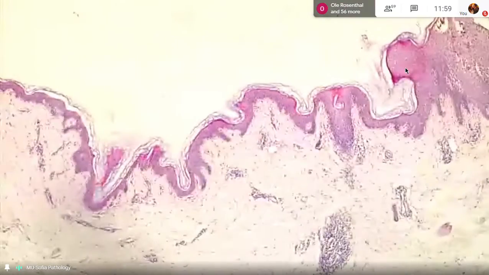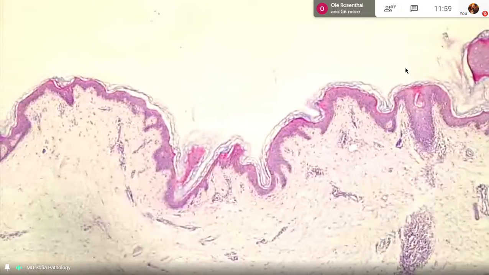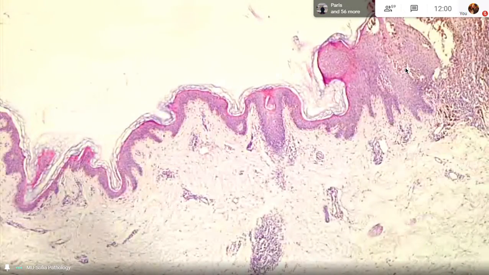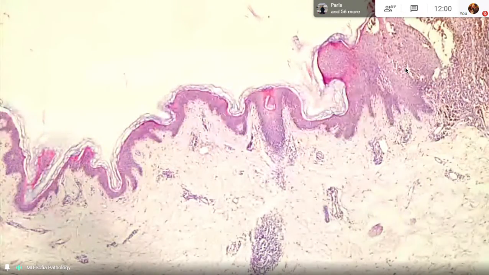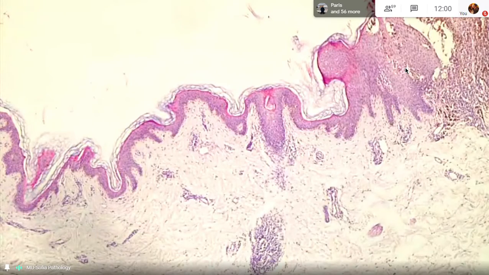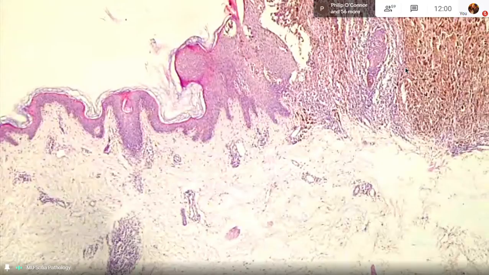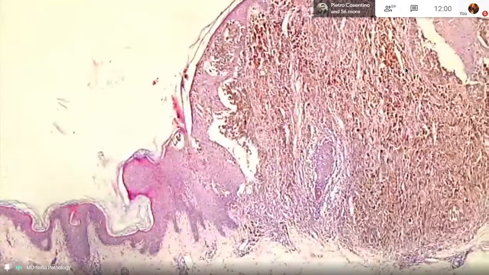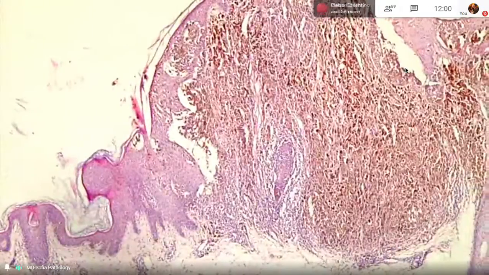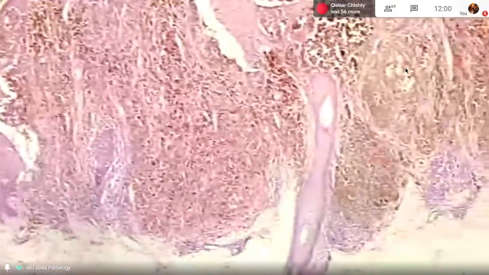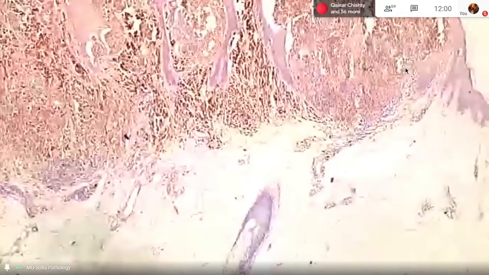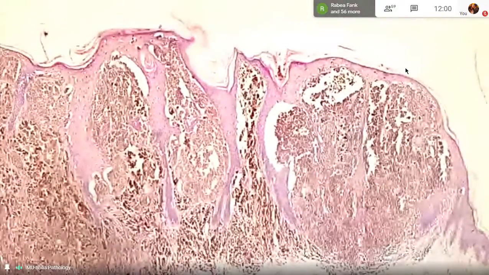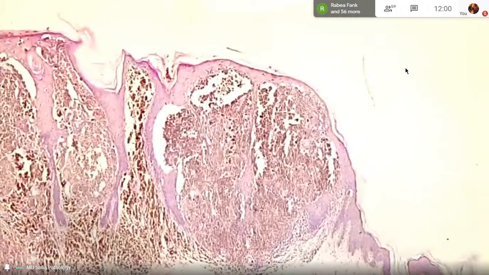Can you recognize the skin as an organ? There is squamous epithelium with keratinization. There are a lot of blood vessels here in the subcutaneous tissue, in the dermis. And here we have the beginning of this tumor lesion, which is grossly asymmetrical.